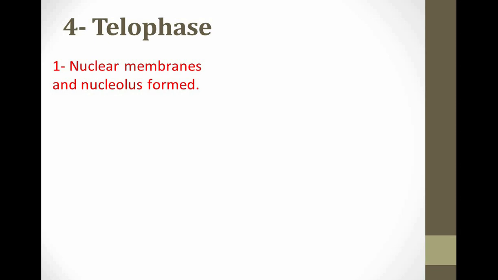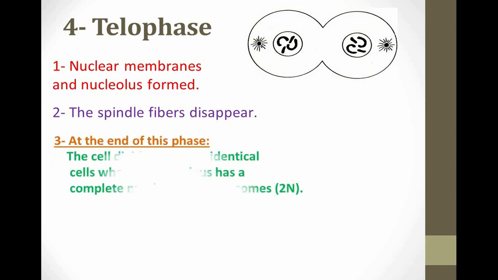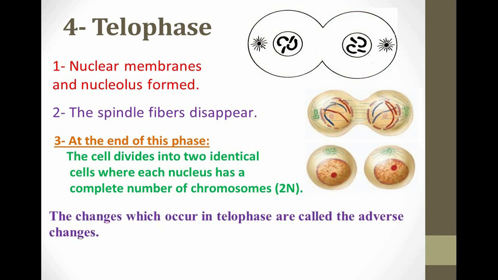Phase number four, telophase. In telophase, the nuclear membranes and the nucleolus are formed again. Number two, spindle fibers disappear. Number three, at the end of this phase, the cell divides into two identical cells where each nucleus has a complete number of chromosomes, 2n or 46 chromosomes as in humans.